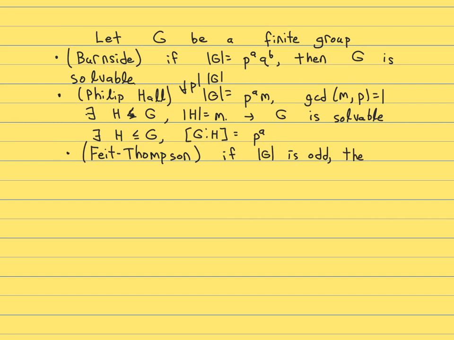So I've mentioned it already in the course without using the word solvable yet. But now that we have the terminology, I can state the correct version. So in the classification of finite simple groups, this is an important result because being solvable definitely means you're going to have a normal subgroup. So this tells you that all the finite simple groups have to have even order.